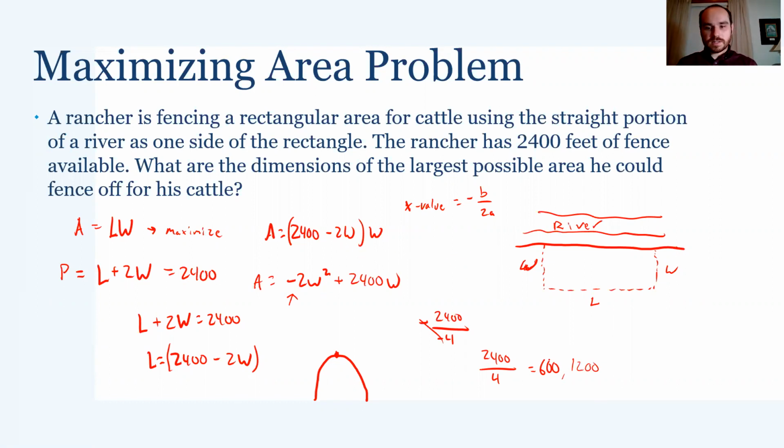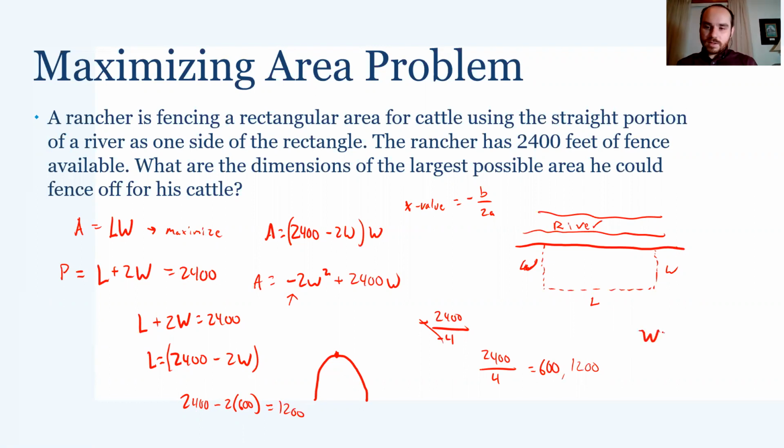So for us, 600 is w. If we solve for the area, it would be some really gross number. You probably don't want to do it all the way out. The easier way to solve it, honestly, is to plug that in here for length. So 600 is our w. We have 2,400 minus 2 times 600. That's 1200. 2,400 minus 1,200 equals 1,200.